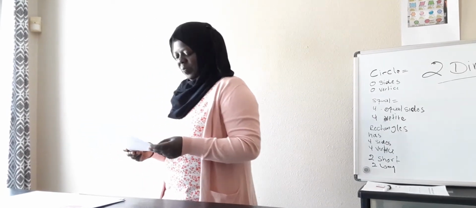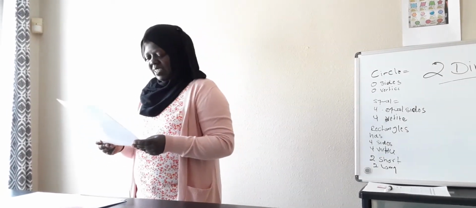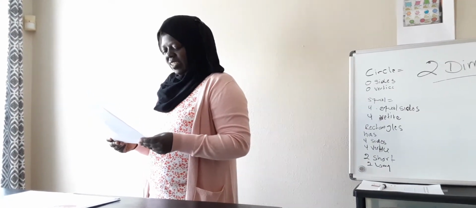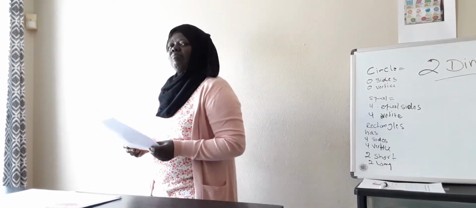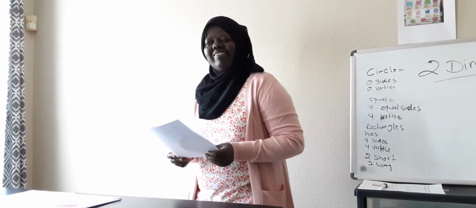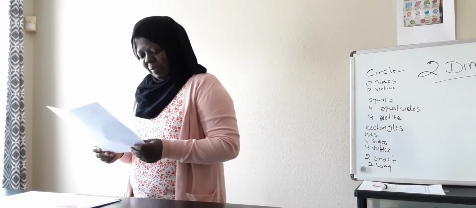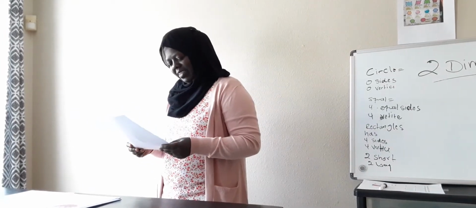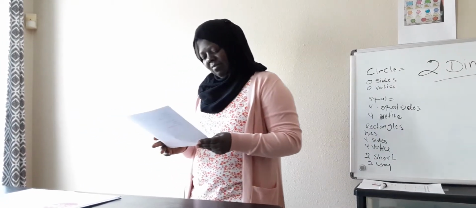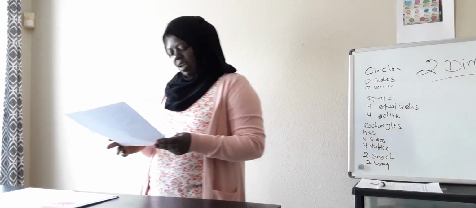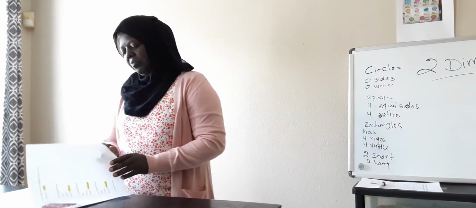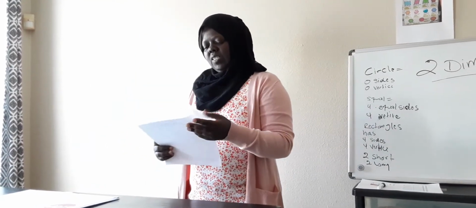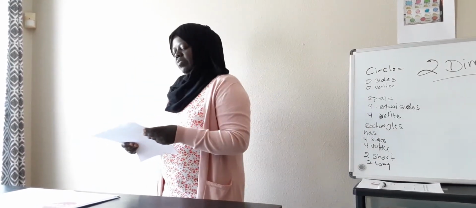Okay. I am a shape that has five sides, five vertices. Who am I? Malik? Pentagon. Yeah, if you say pentagon, you're absolutely right, Malik. Thank you. I am a shape that has six sides, six vertices.